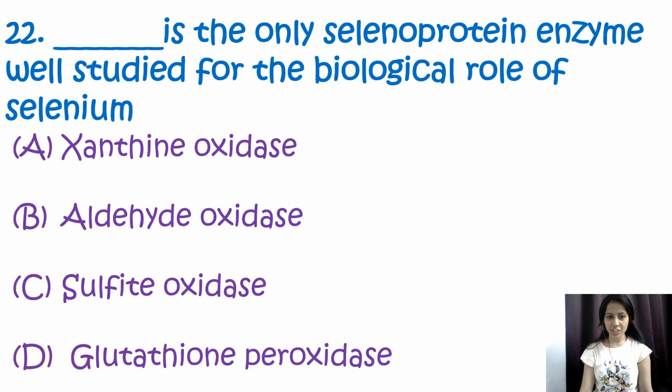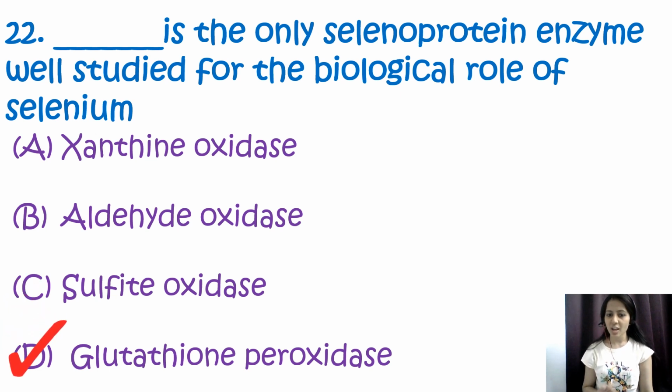Next question number 22. Dash is the only selenoprotein enzyme which is well studied for the biological role of selenium. So options are xanthine oxidase, aldehyde oxidase, sulfite oxidase, or glutathione peroxidase. So correct option is D, that is glutathione peroxidase.